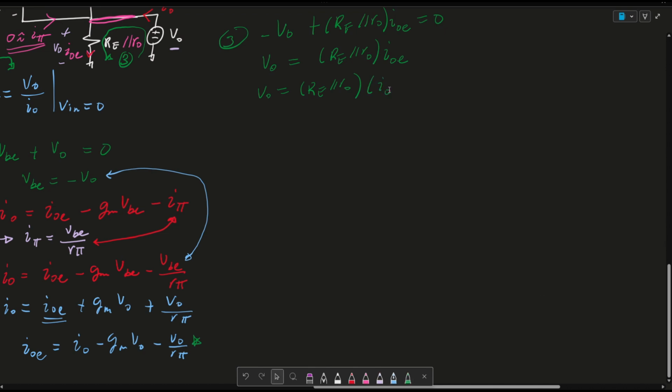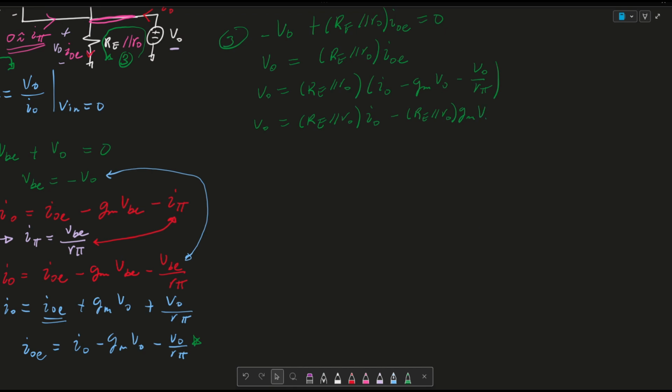So times IO minus gm VO minus VO over R pi. So then VO is equal to RE in parallel with RO times IO minus RE in parallel with RO times gm VO minus RE in parallel with RO times VO over R pi.